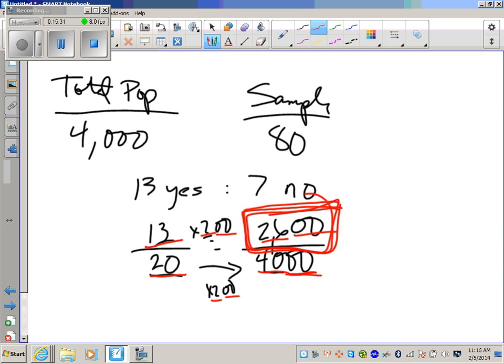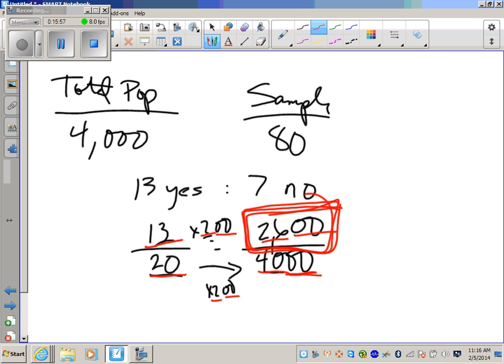Okay. Question 2. Is the conclusion based on the survey result reasonable? Well, the answer is no. What's wrong with it? The answer is no, but what's wrong with it? Why is it no, not yes?